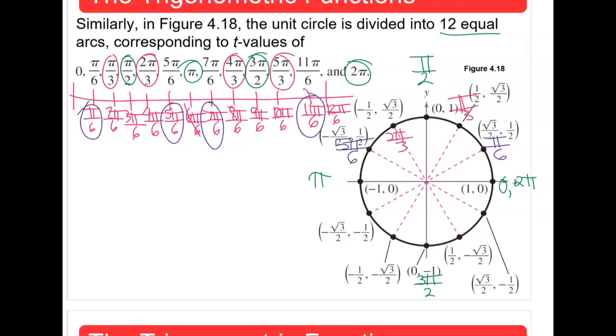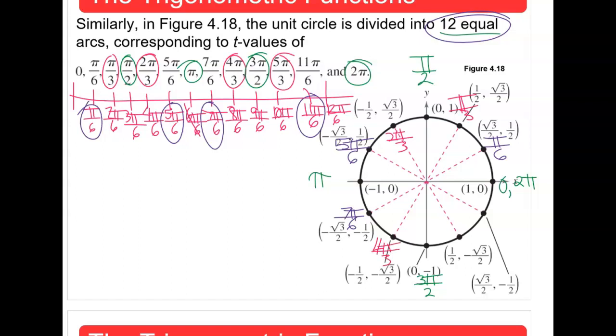And then we have 6 pi over 6, or pi. That one is already there. The very next one will be 7 pi over 6. And remember, this is if we divide the circle into 12 equal parts. In other words, half a circle is divided into 6 equal parts. Then we come to the next one, 4 pi over 3. So I'm going to write that in pink.